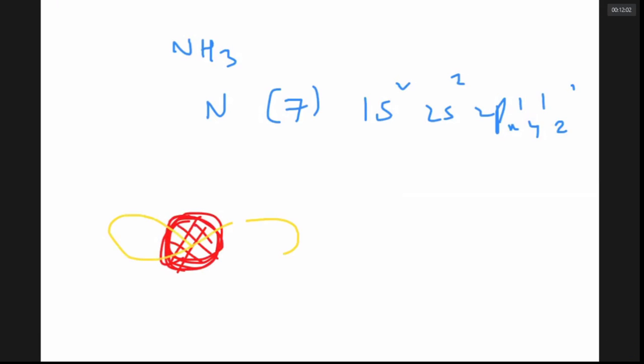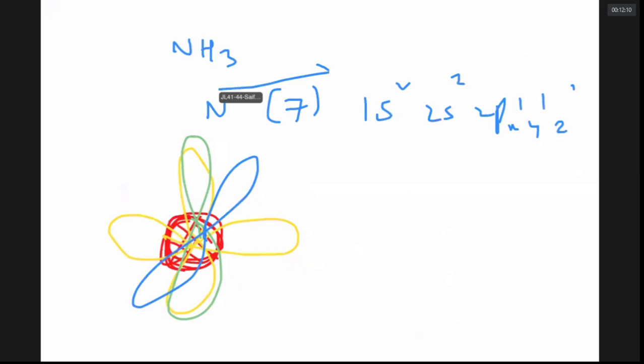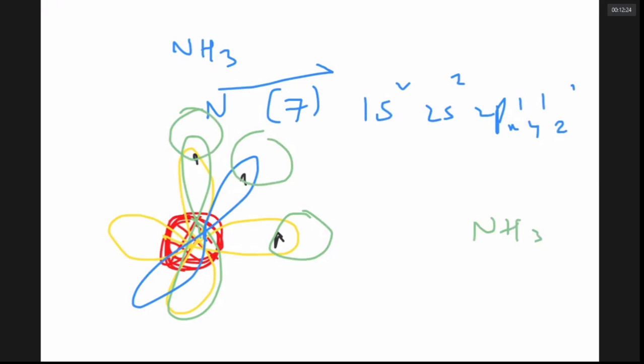It is 2px1, it is 2py1, and it is 2pz1. Now they have one unpaired electron each. Now when they are overlapping with a hydrogen s orbital, you get NH3. What is this angle between H and H?